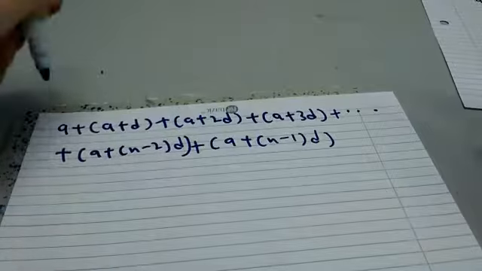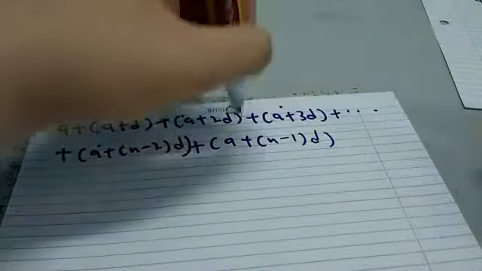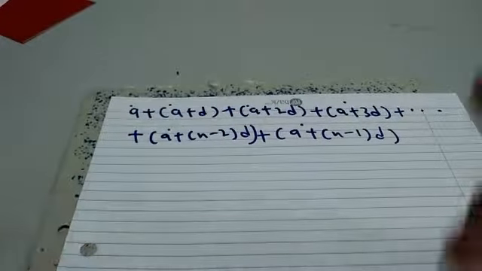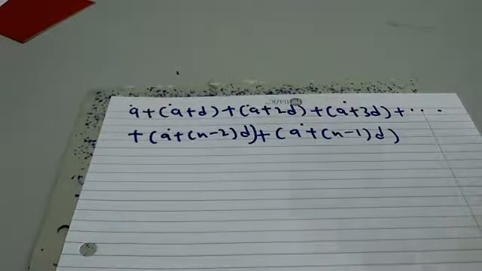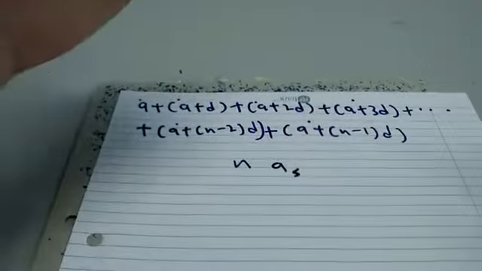Now we have a, and we have also a in this. If we have a that has n a's, it means that we are going to sum for n times.